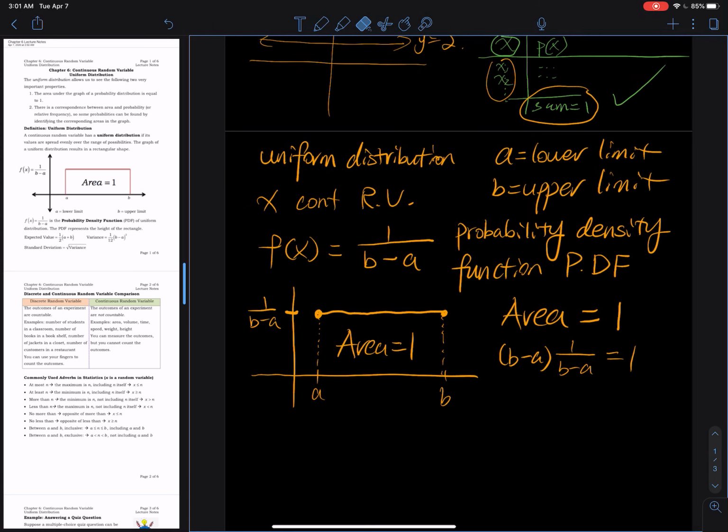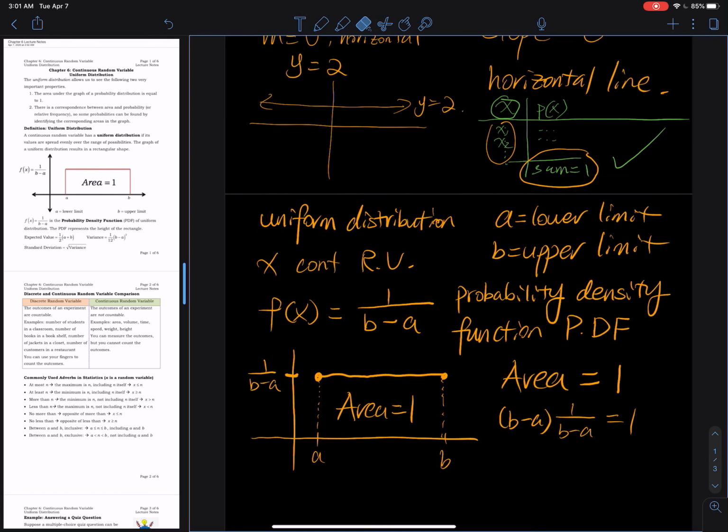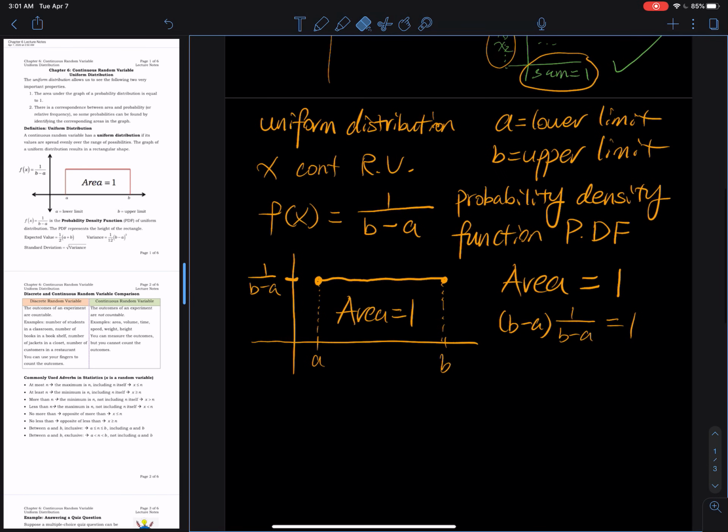Okay, let me give you more formulas. This discrete random variable has an expected value, variance, and standard deviation. Uniform distribution has its own formulas. The expected value is equal to 1/2 times (a plus b).